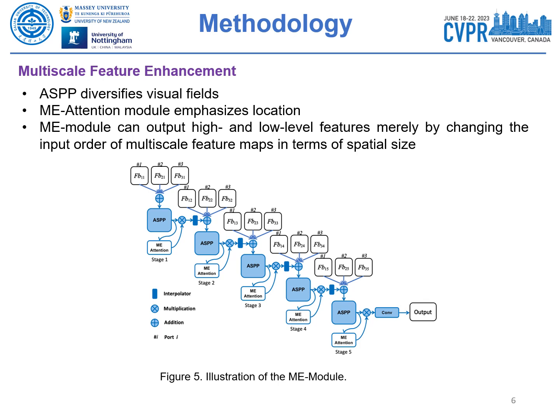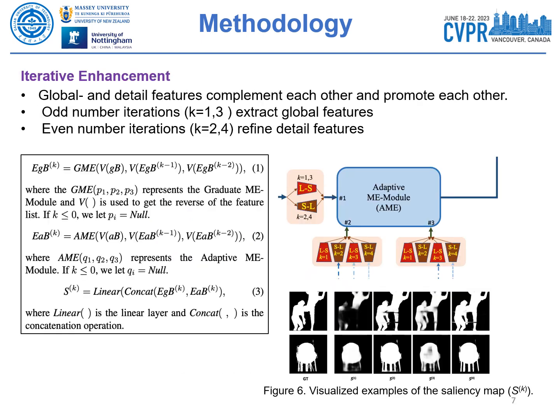So, taking advantage of this, we can design a multiple enhancement training strategy for the network to mimic the human interactive enhancement mechanism. Let's take the adaptive ME model as an example. The ME model has 3 ports. The first port is for background features, the second and the third for the features from previous runs.